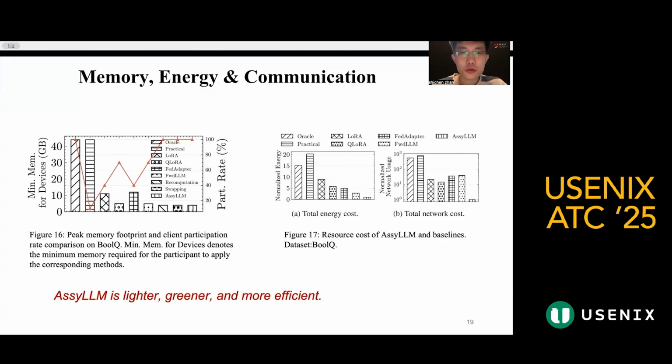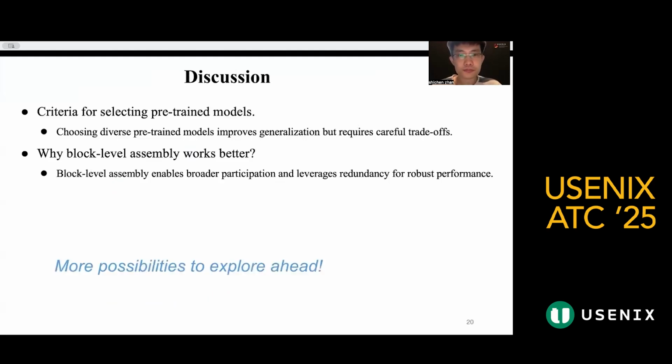Also, it has lower communication cost. Why? Because in each round, we skip gradient updates, and the client just sends a few bytes to the server, only their block index and small adapters. All this makes AssyLLM ideal for real-world edge deployments.